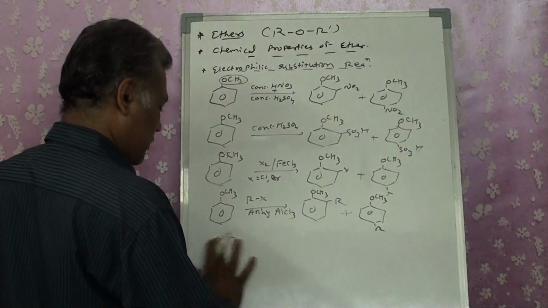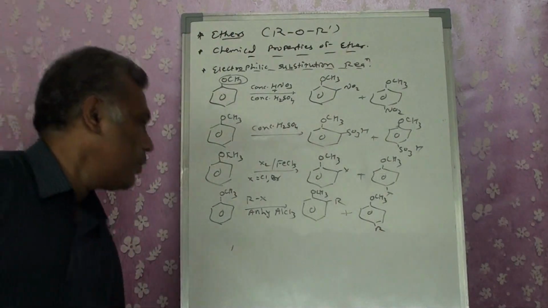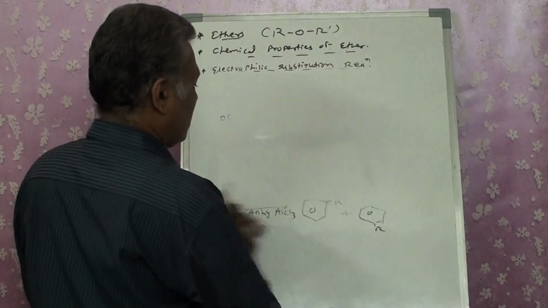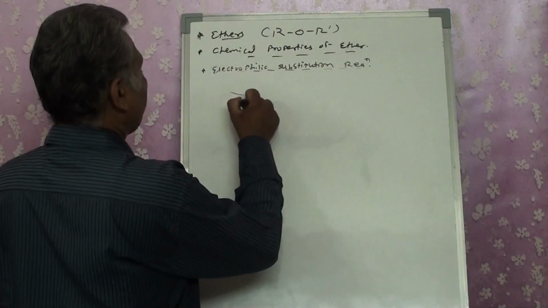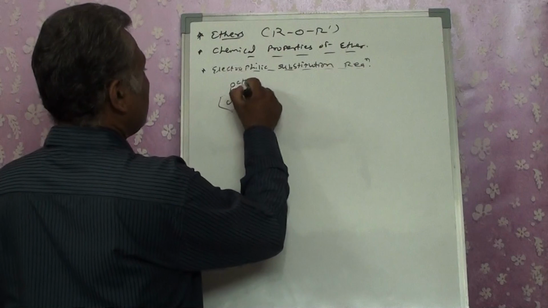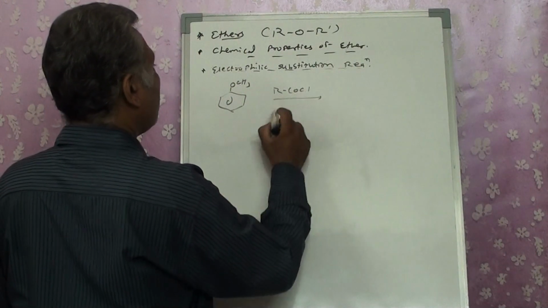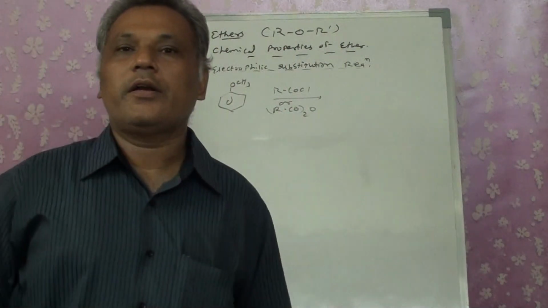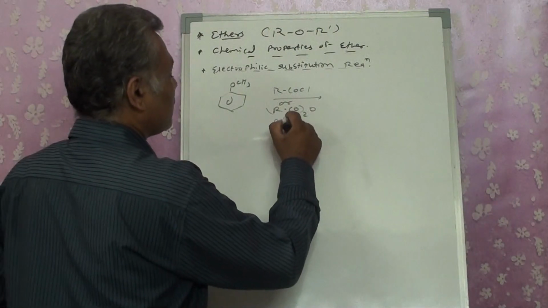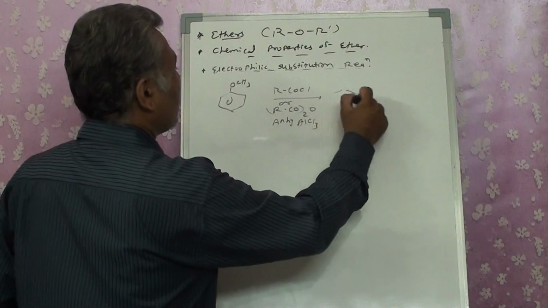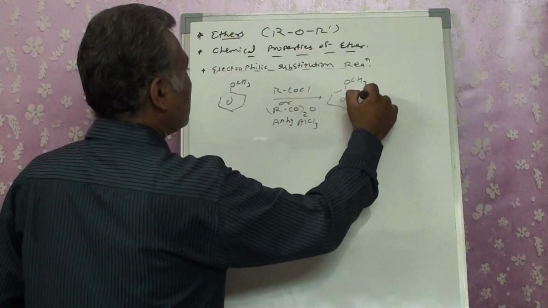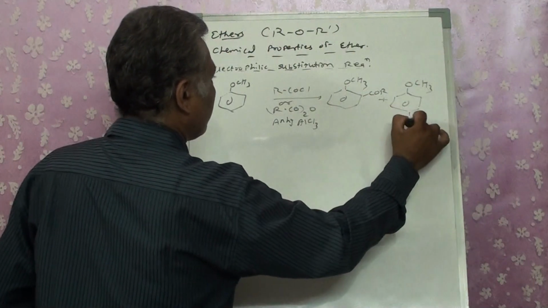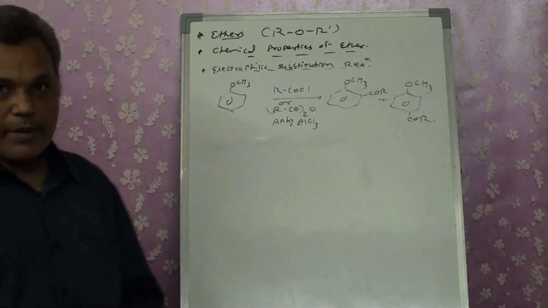In the same way, if we go for acylation, with RCOCl or (RCO)2O, either acid chloride or anhydride, in presence of anhydrous AlCl3, the reaction gives OCH3 with COR, ortho plus para, right?